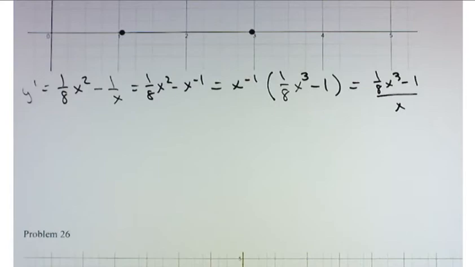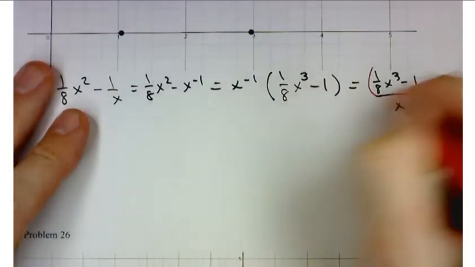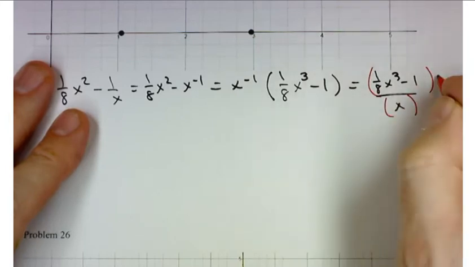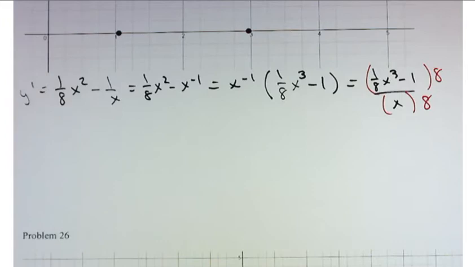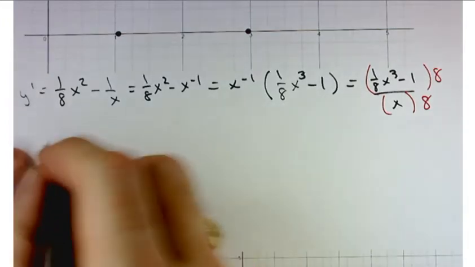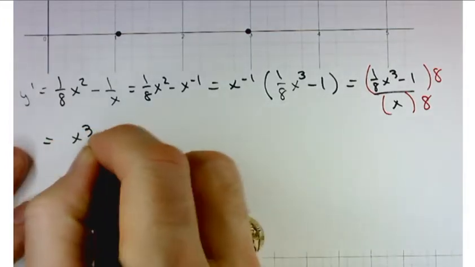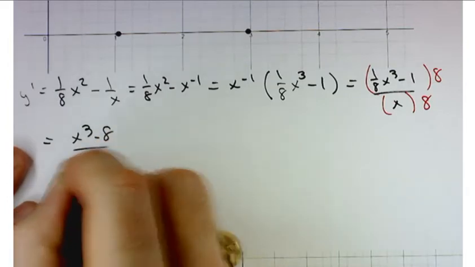Let's continue playing with that and figure out where it actually equals 0. Maybe, I don't know. What do you think? Is it going to be easier to work with if I maybe multiply both the numerator and denominator by 8? What would that give us? That would give me x cubed minus 8 over 8x.